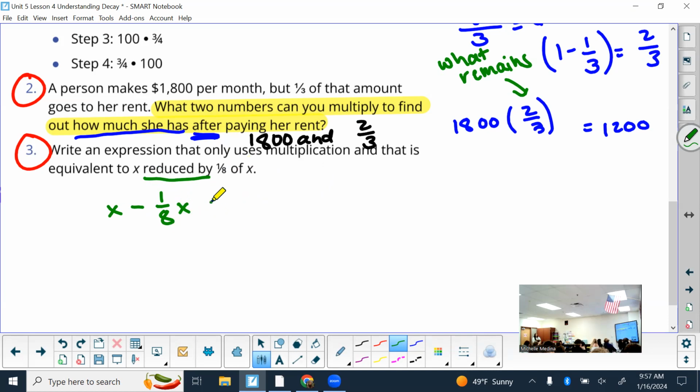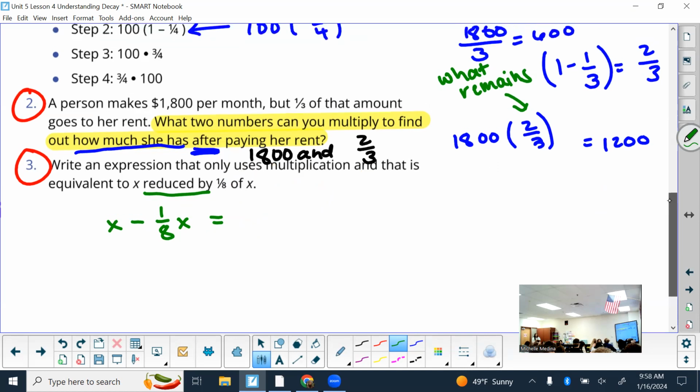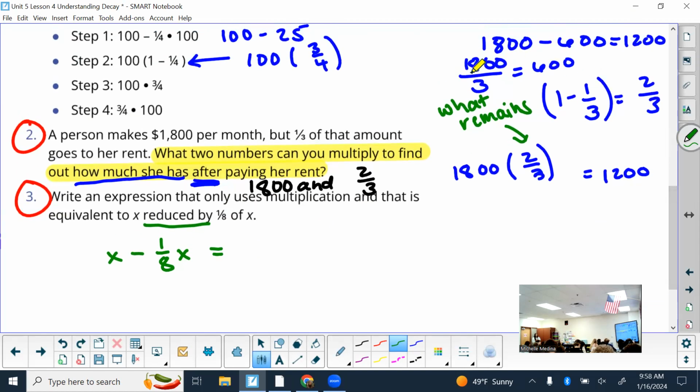You need to write something equivalent to this that only uses multiplication. So consider the work we did earlier. If it helps you to put a number in for the x to see if your expression is correct, then by all means. But if it's being reduced by 1/8, how much of it remains?